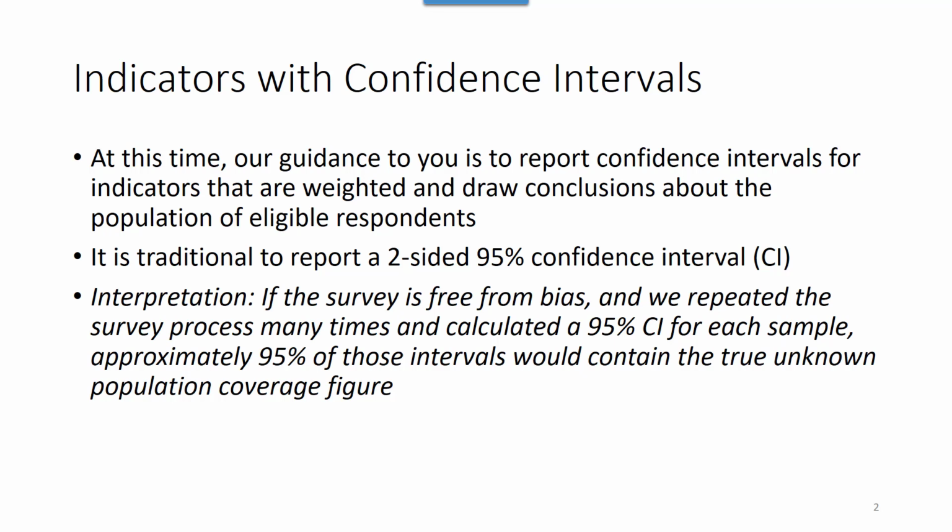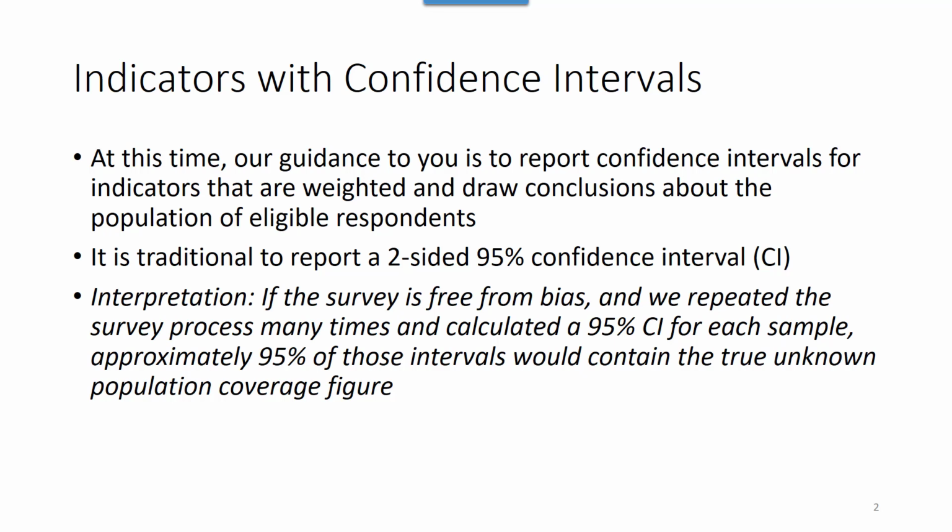And as a reminder, the way we interpret the confidence interval is with a sentence like the following. If this survey is free from bias, and if we repeated a bias-free survey process many times, and each time we calculated the 95% confidence interval for those survey samples, approximately 95% of those intervals would contain the true unknown population coverage figure.